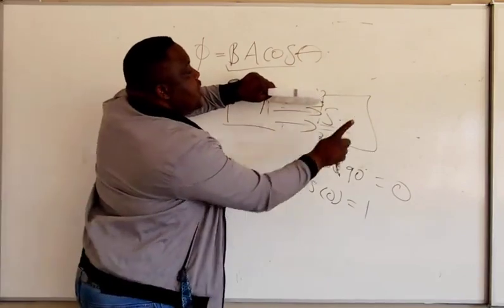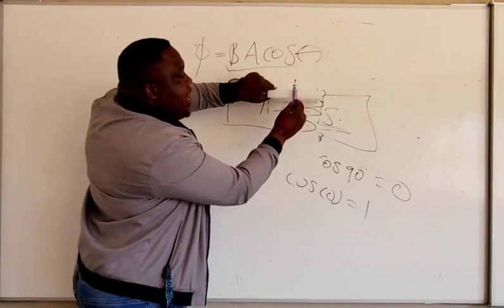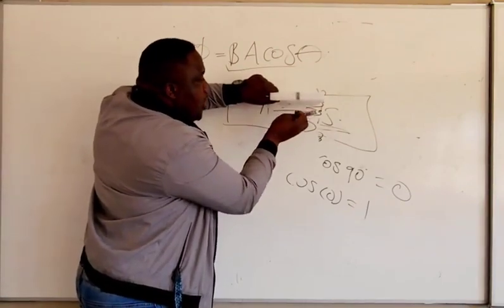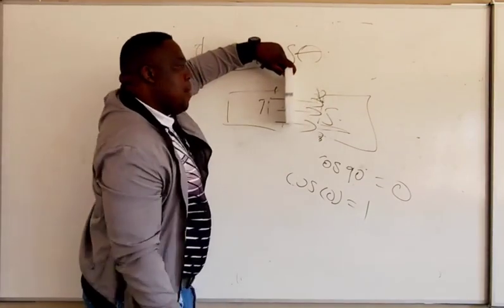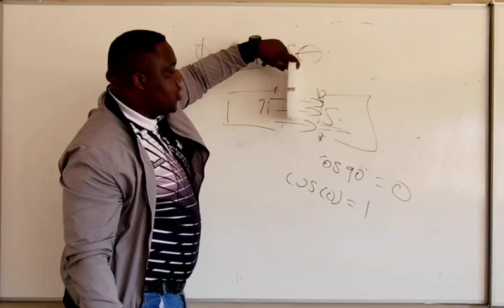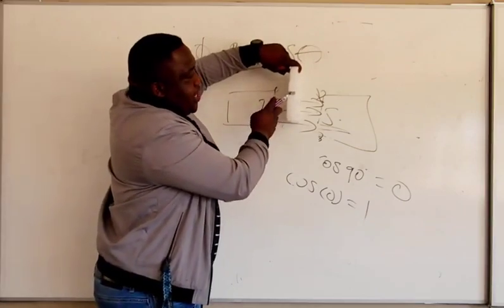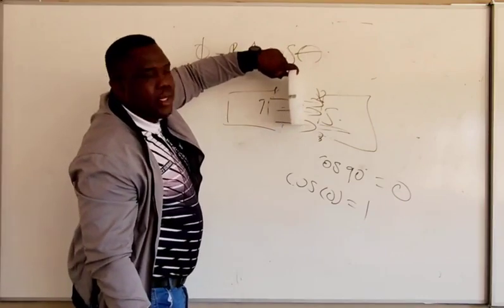This is a coil. When they are parallel, it means the normal line of the coil is perpendicular. But when the coil turns and becomes perpendicular to the magnetic field lines, can you see the normal line? The normal line becomes parallel, and the angle becomes 0.